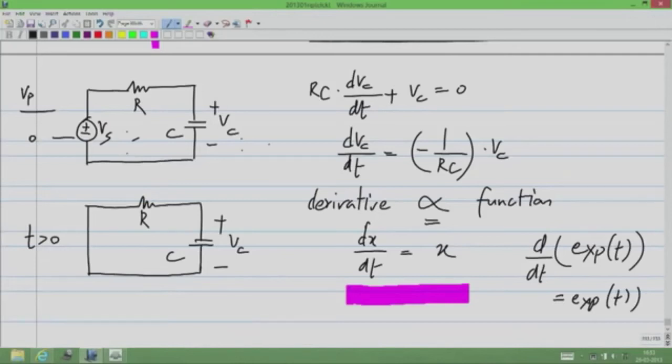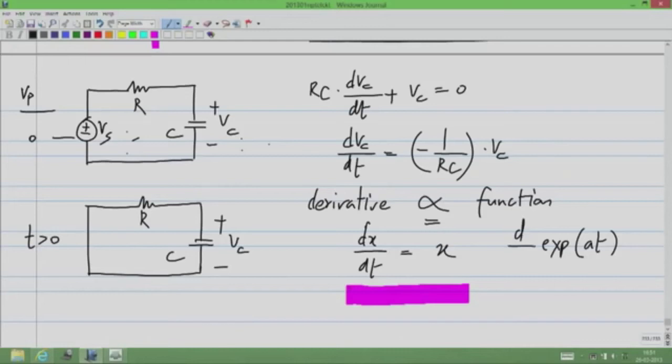Now, let's say I don't want the derivative to be equal to the function, but only proportional to the function. I also know that if I had a scaling factor here, exponential at, and I differentiate it, I get a times exponential at.